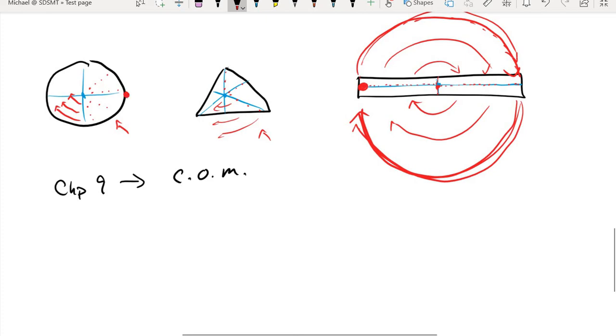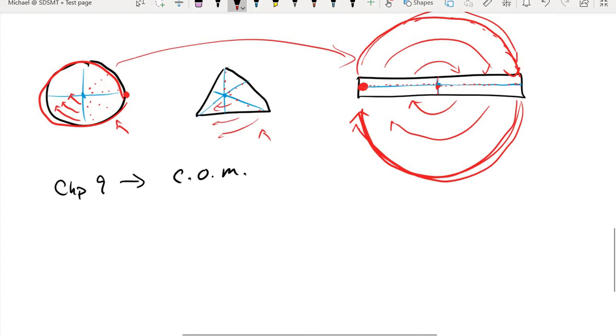Whereas all the points on the rim of that wheel, they do have to get around in a circle, but it's not nearly as large as the outermost path on that meter stick.